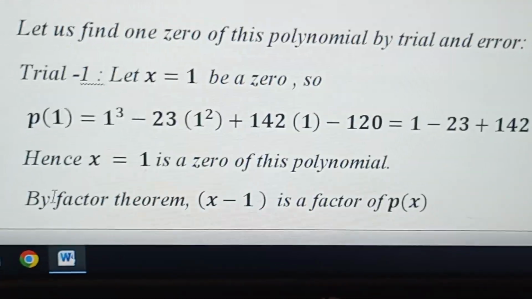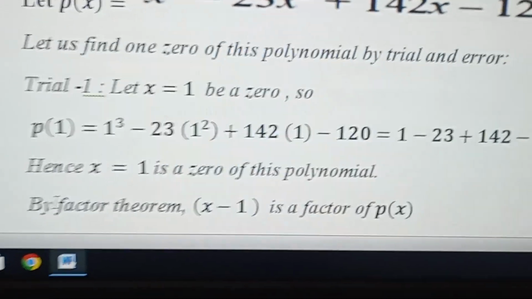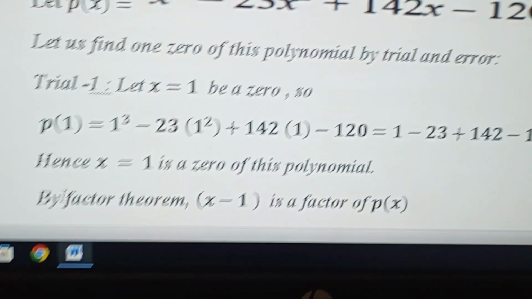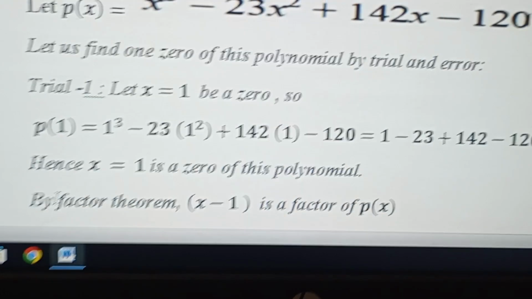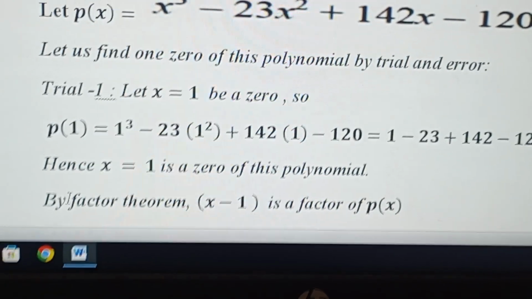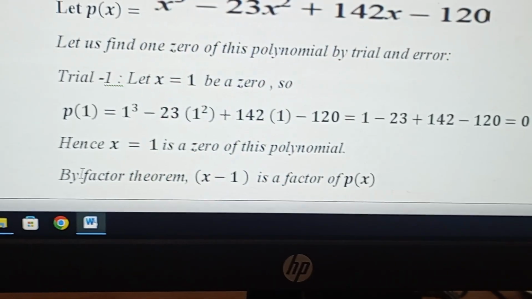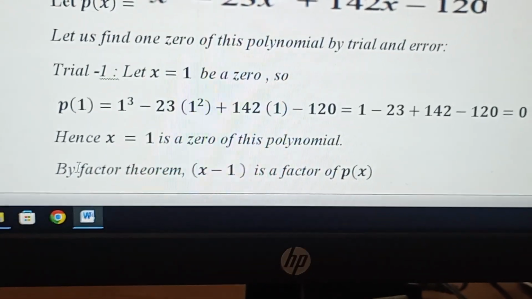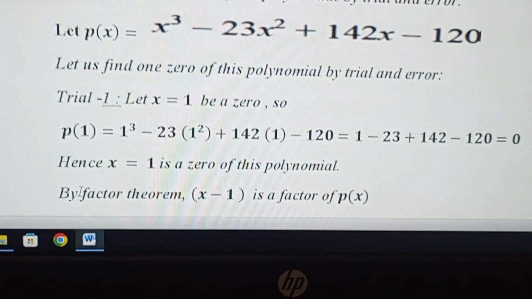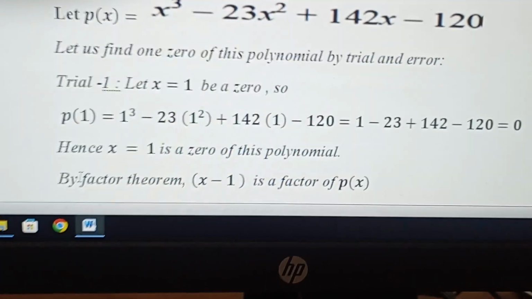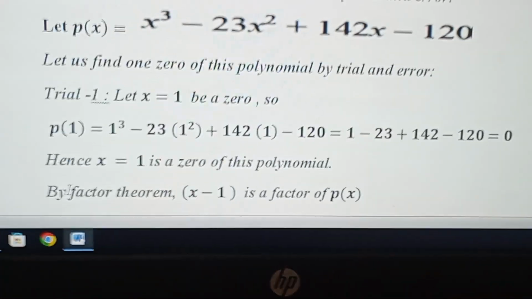Trial 1. Always we start with x equal to 1. Let x equal to 1 be a zero. So we know by factor theorem, p of 1 is equal to, wherever x comes, you have to put x equal to 1. That is the meaning of p of 1.